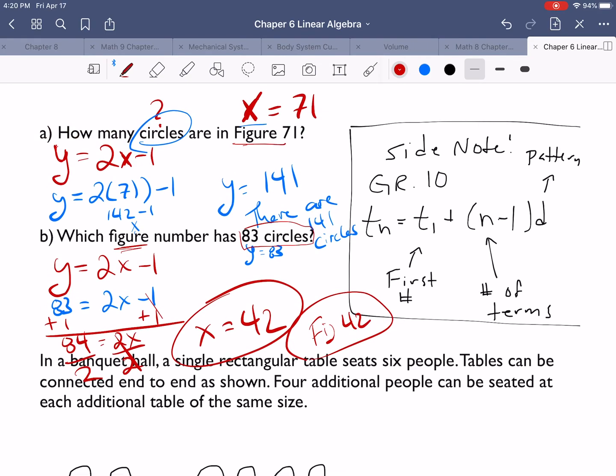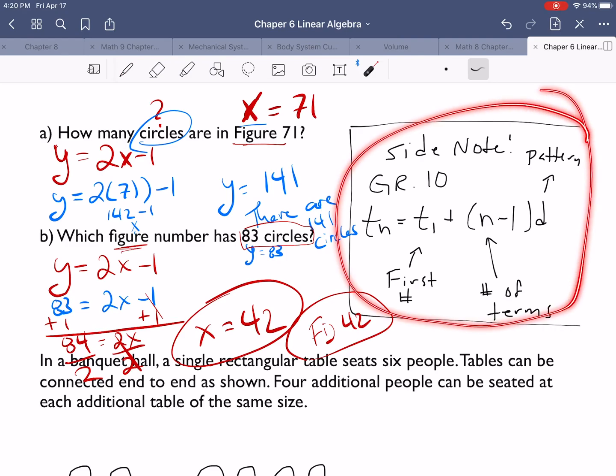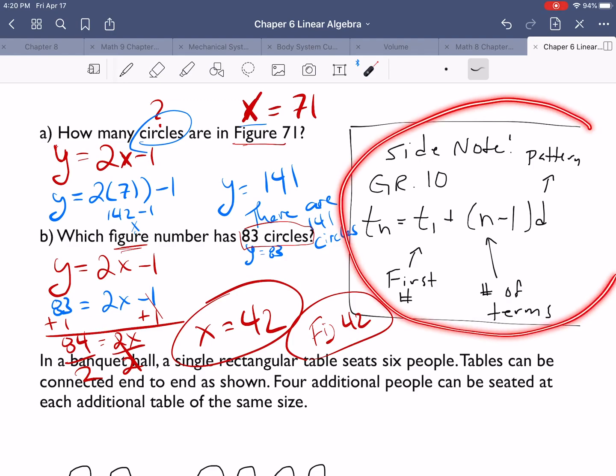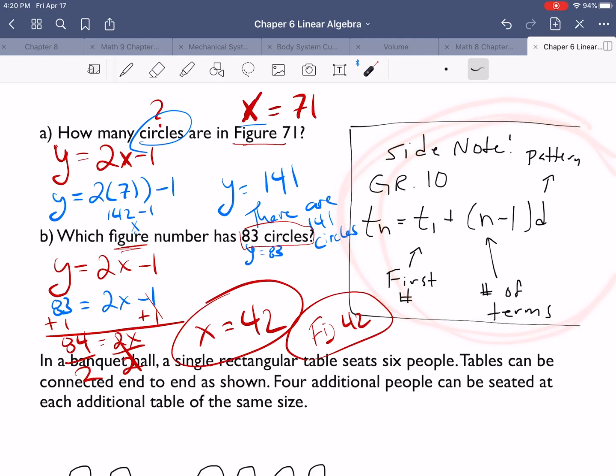I wanted to come over here to the side note because when I was making these notes, I was tutoring a grade 10 class on patterns and relations, and I want to show you that there's actually a special formula that you can use to derive these formulas without making this chart. You do it in grade 10 for just a little bit. This is the first number in your pattern.